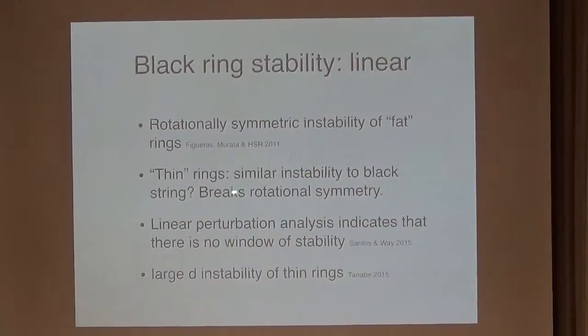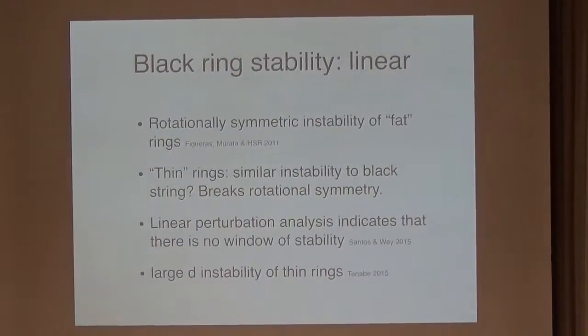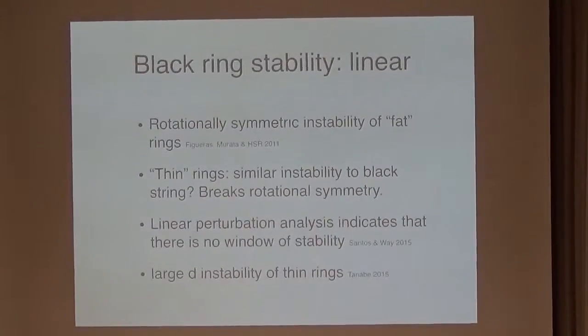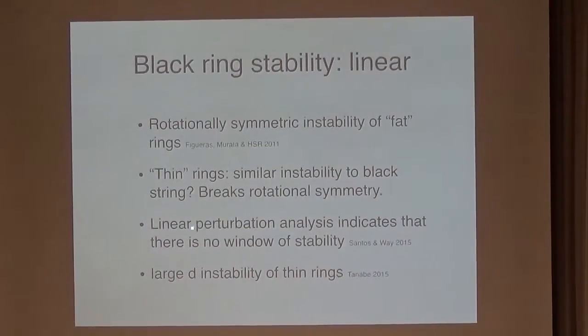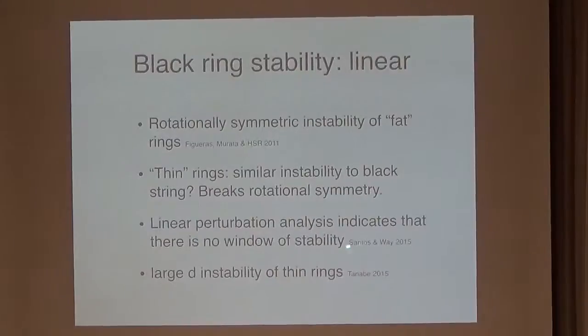But it leaves open the possibility that rings that are thin but not too thin might be stable. So there's a question of whether there's a window of stability. And this window has been closed just this year by my colleagues in Cambridge, George Santos and Benson Way, who performed a linear perturbation analysis, breaking the rotational symmetry.